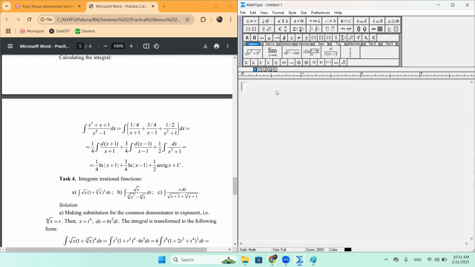Okay, so now let's integrate the first irrational function. The idea is to solve it using substitution. Square root of x multiplied by 1 plus cube root of x, and all this in power of 4 dx.